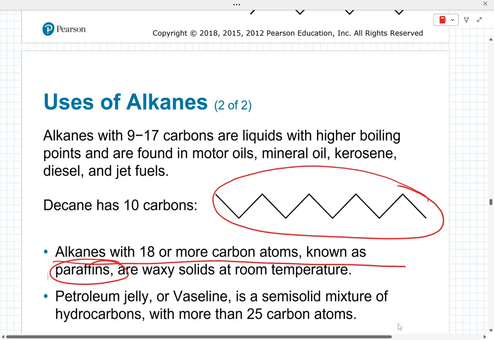Making sense? If octane is 100, the lower the octane number is, the more chances that the fuel will actually explode in the engine. Do you understand what I'm saying?